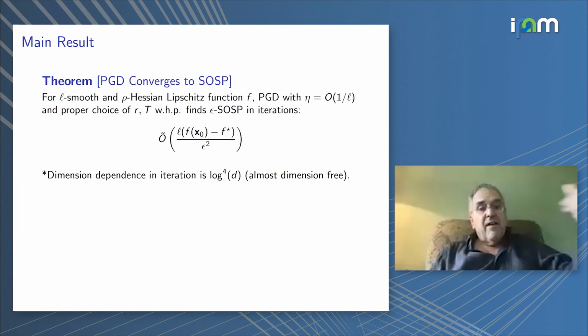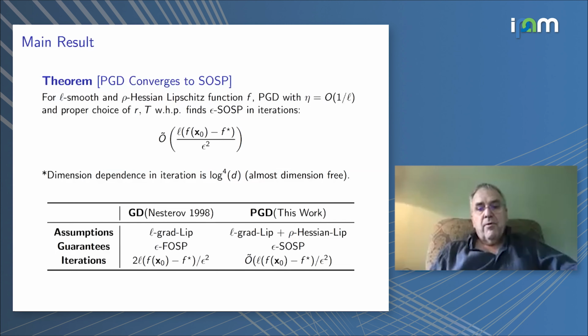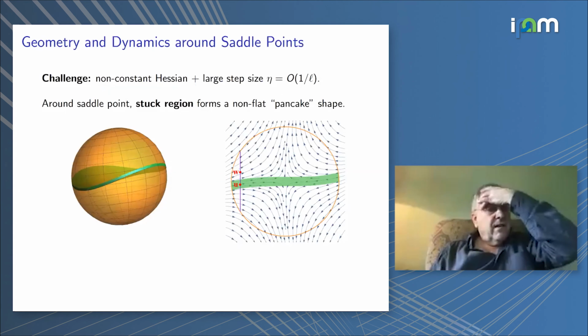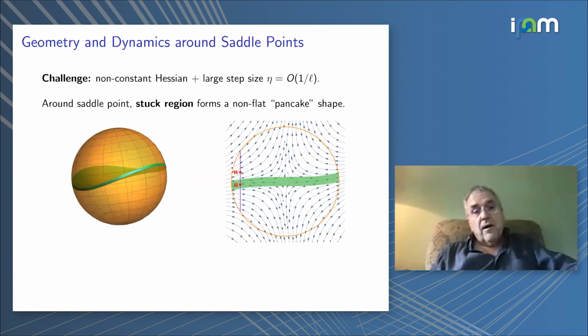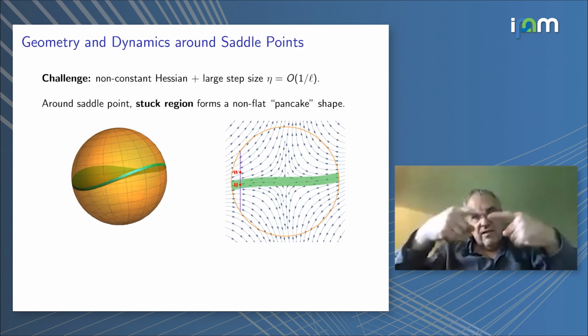Now, I think it's probably truly logarithmic, but with the proof technique we still don't have a purely logarithmic result. The proof technique supplies that 4. And I want to tell you briefly what that proof technique is. Again, it's coupling. So here's a little picture on the left of the neighborhood of a saddle point. In that neighborhood, there's a region, the green region, where the flow is mostly towards the saddle point.